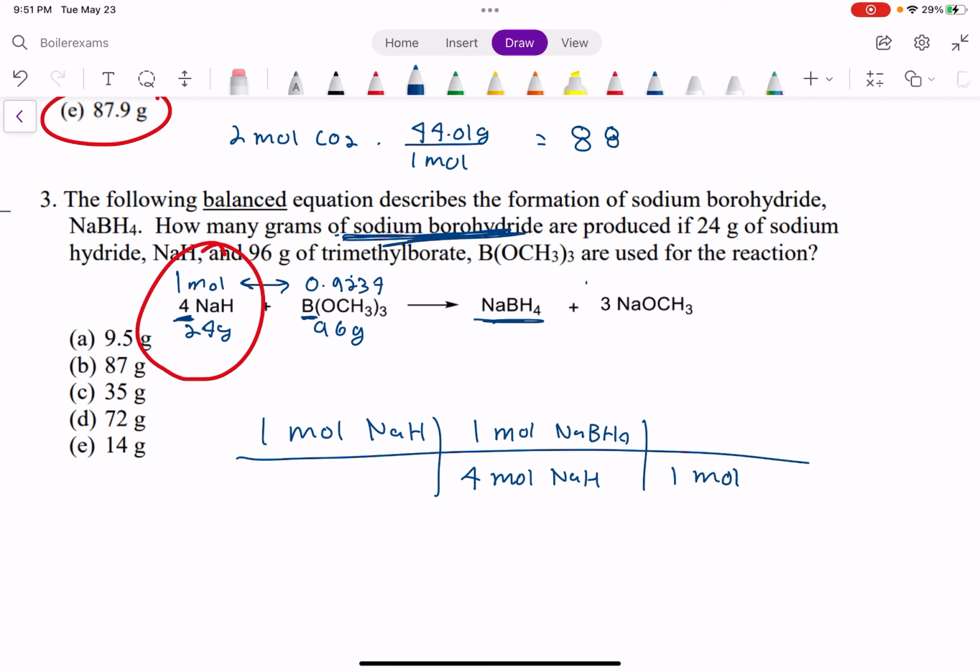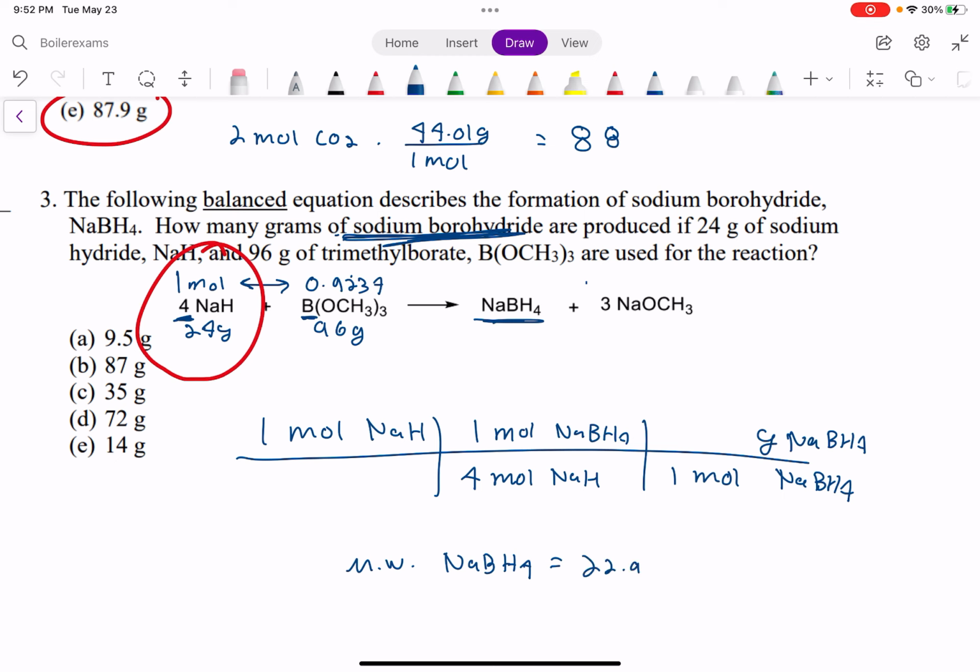And in 1 mole of sodium borohydride, how many grams are there? Let's see. Molecular weight of sodium borohydride.